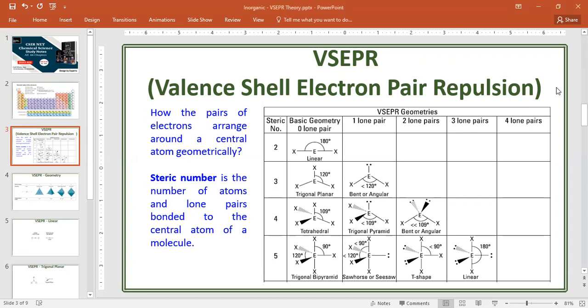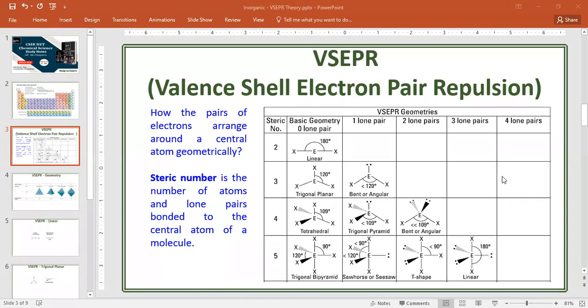If the steric number is 2 and lone pair is 0, then the geometry is the linear shape. If the steric number is 3 and lone pair is 0, it is trigonal planar, like that.